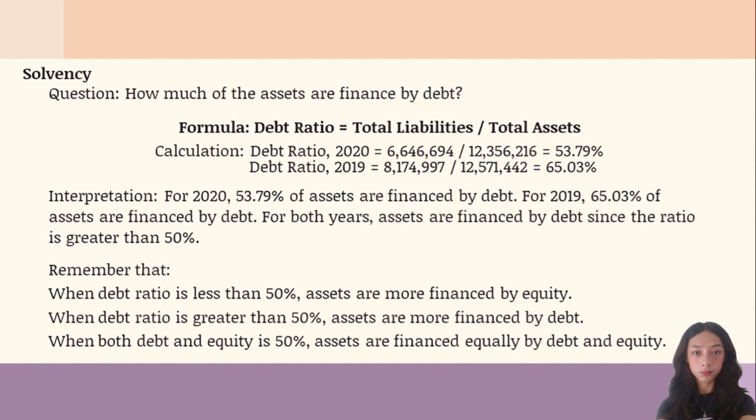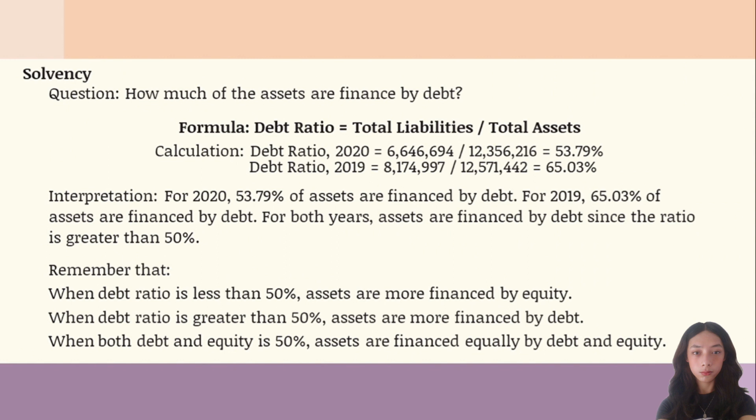So in 2020, the company had 53.79% of its assets financed by debts, while in 2019, this percentage was higher at 65.03%. For both years, assets are mostly financed by debt since the ratio is greater than 50%.